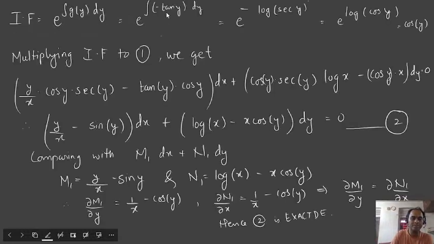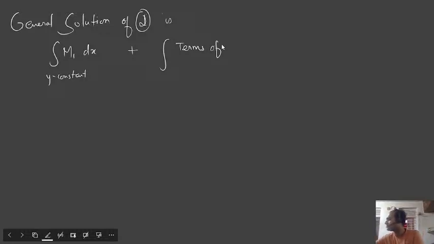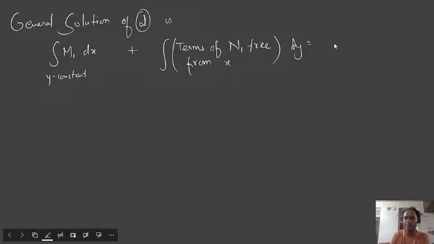We'll write the general solution of 2 as integration of M1 dx, y constant, plus terms of N1 free from x, dy equals to C.